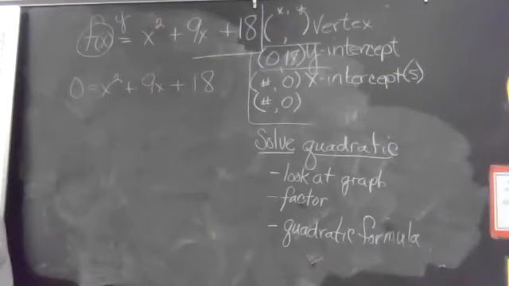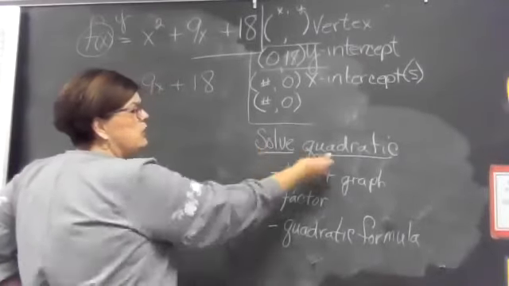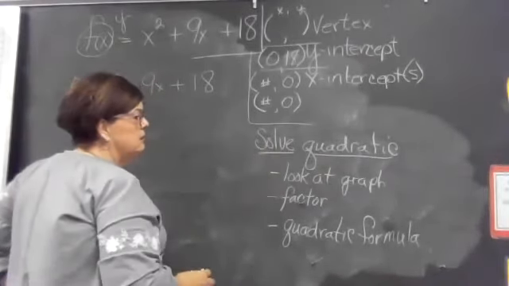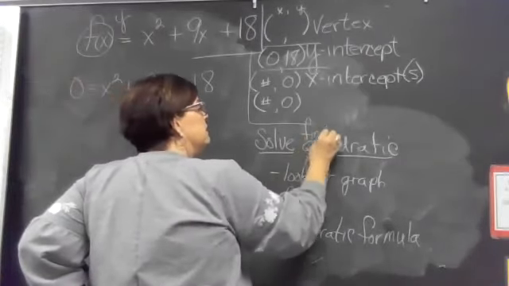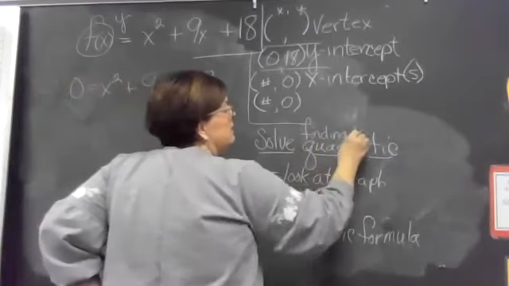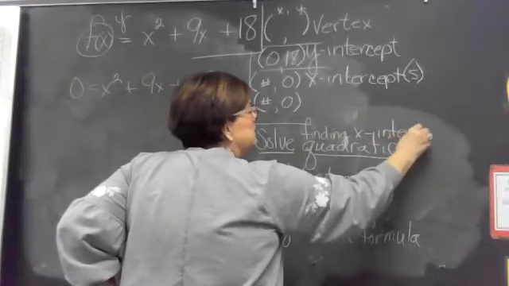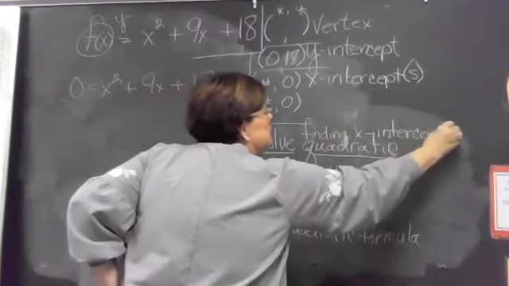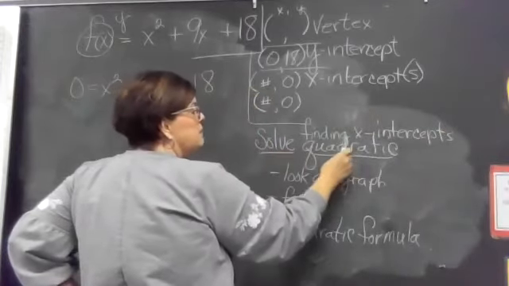Now, before we start into the process, I want to make sure that you understand what solving the quadratic means. It means we're finding the x-intercepts. That's what solving a quadratic means.